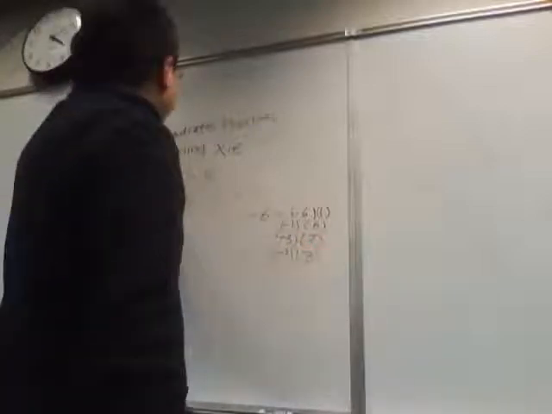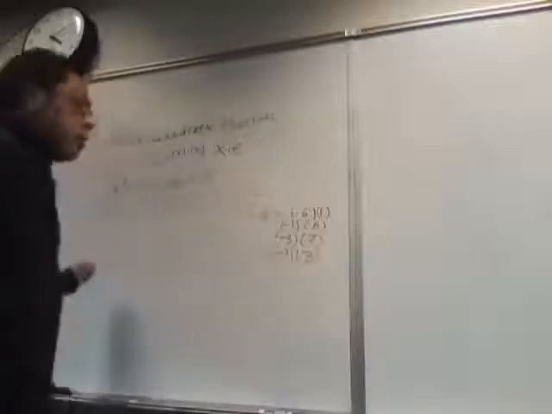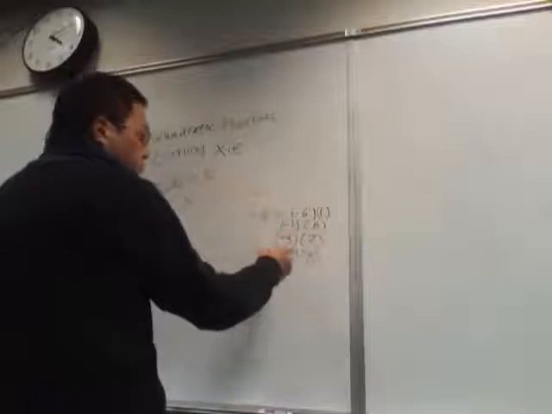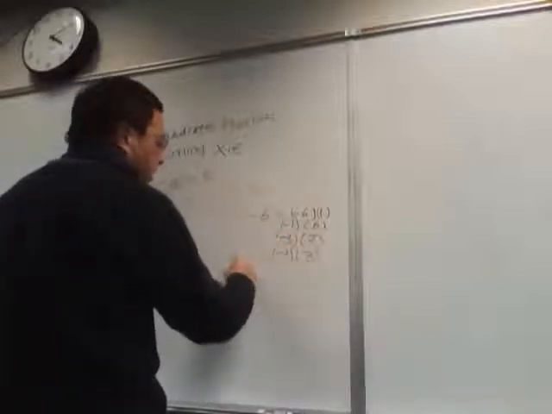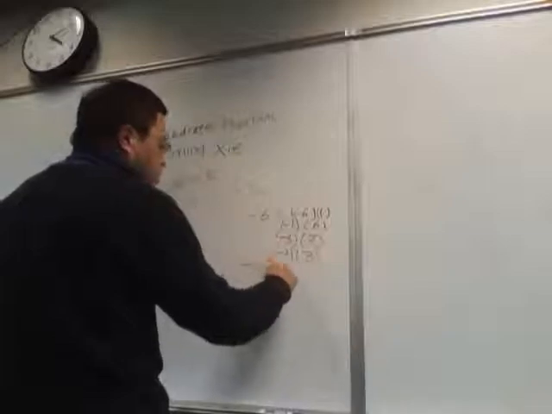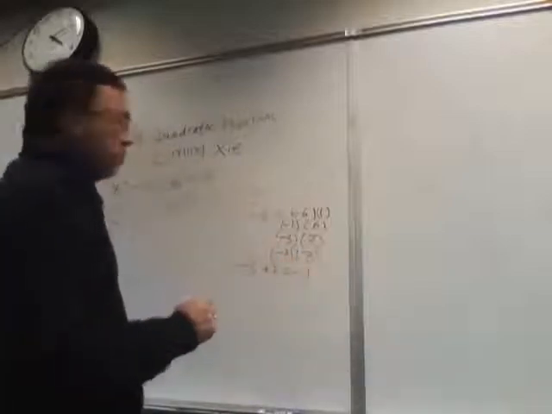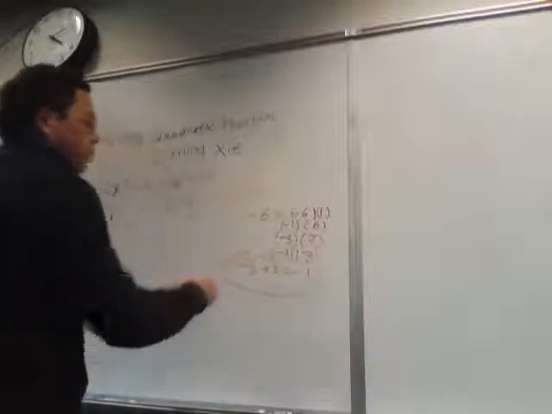Because we are talking about the middle term, this negative x, if we choose negative 3 plus 2, that's negative 1, which equals the middle one. So this is the first try, okay?